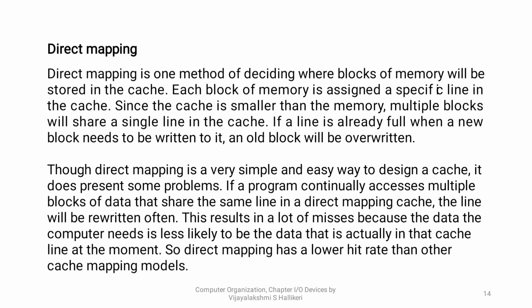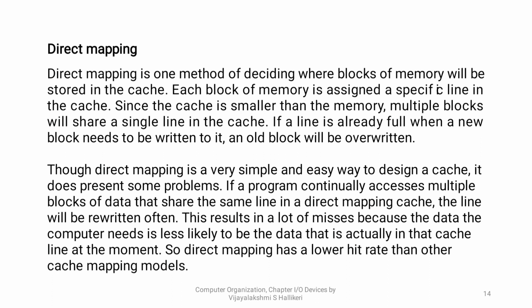Rewritten means it's a miss, the data is not available, hence it has to be copied from main memory into the same line. This new data is mapped to the same line, so the old data has to be erased and new data has to be copied. So this is rewriting because of non-availability, that was a miss.